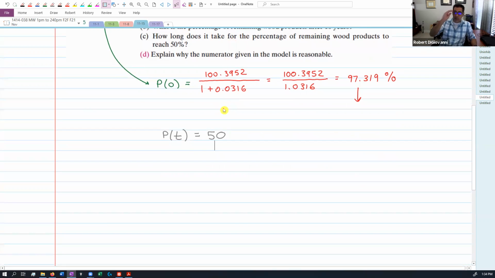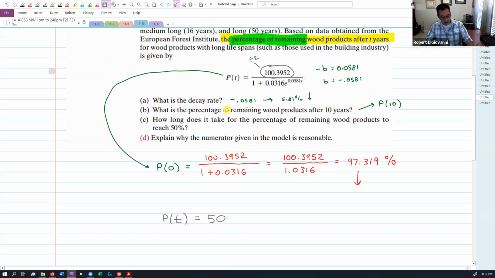I'm going to put up a poll in a second and give you choices for the answer, and I want to see how many of you get it right. So you're going to take the original function, set it equal to 50, and solve. Take some time.